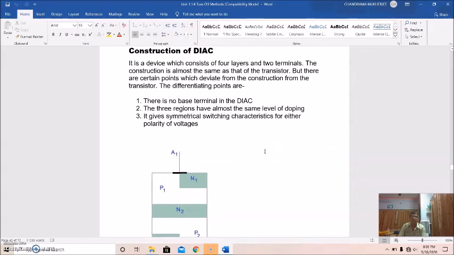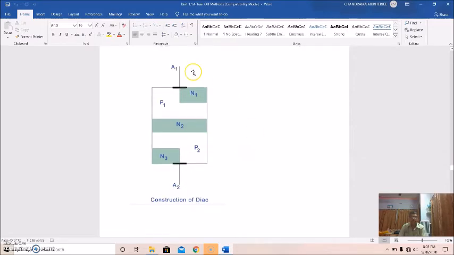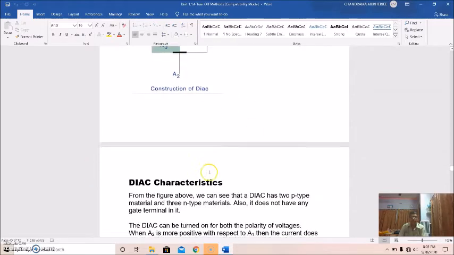The three regions have almost the same level of doping. It gives symmetrical switching characteristics for either polarity of voltage. So this is the construction of a DIAC.